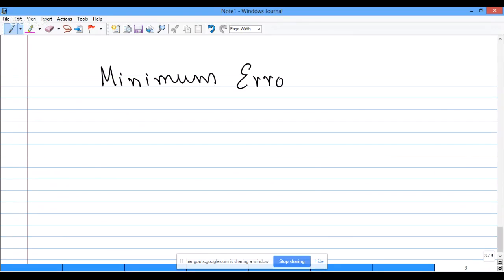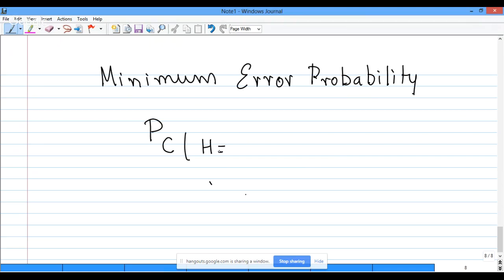The question is, when can I have minimum error probability? So what is the probability that you have made a correct decision given that I have transmitted hypothesis i? If you want to look at this probability, it is given by the integration of the PDF, or likelihood, given that hypothesis i is transmitted.